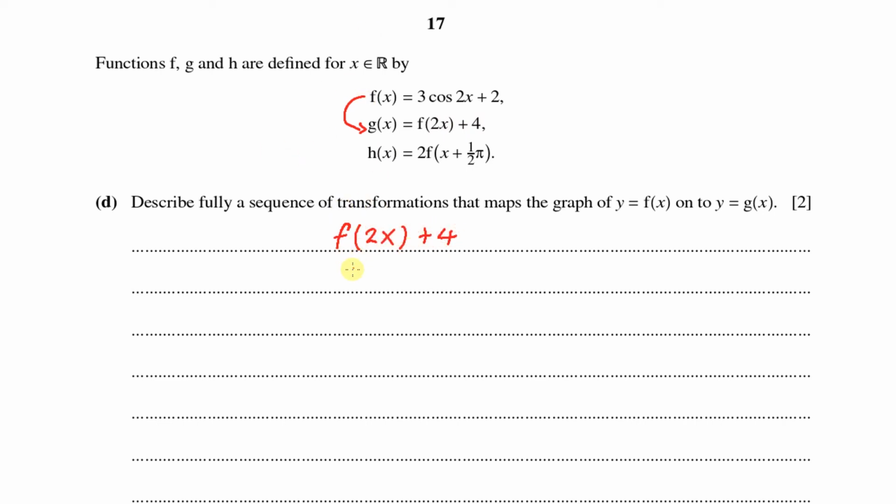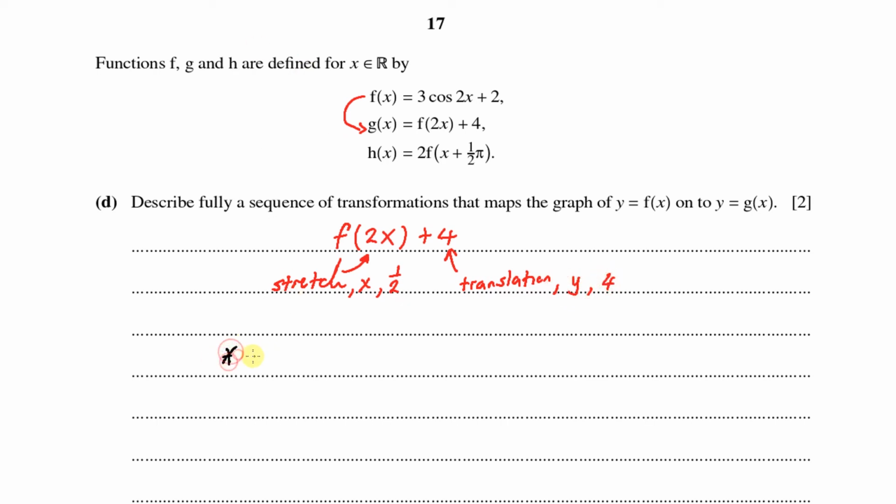Now, when you have a constant inside the bracket here, multiplying x for the function f, it means we're talking about a stretch parallel to the x-axis, and the factor will be a half. And when you have a plus 4 here, this is mainly going to be a translation parallel to the y-axis of factor 4. So let's write that down.